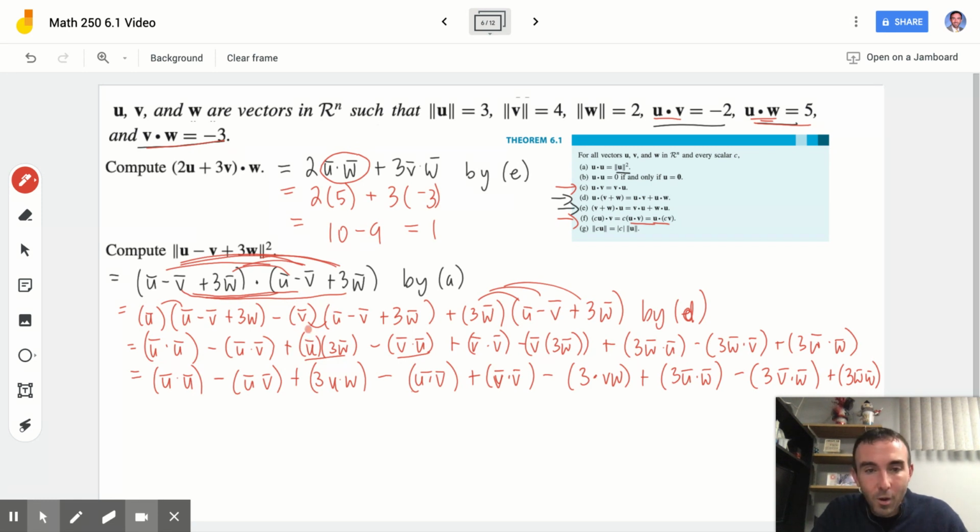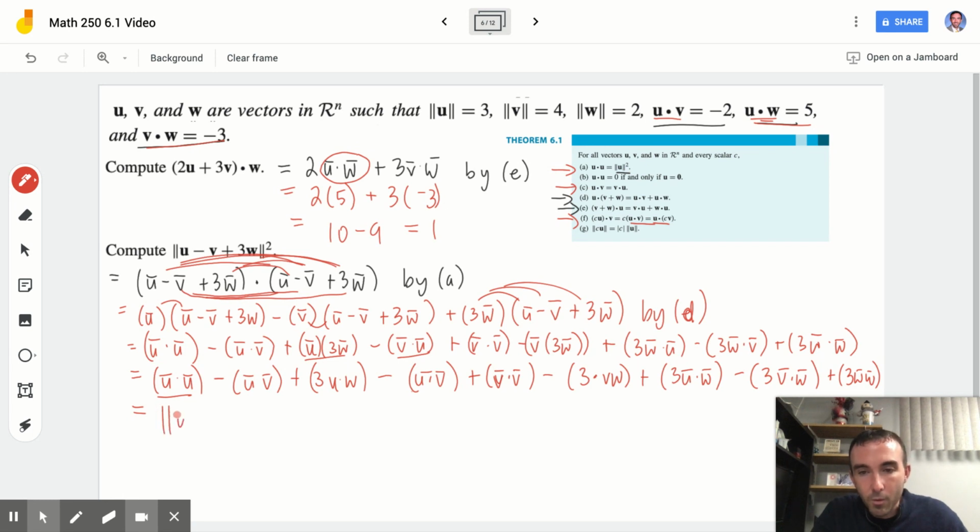We also, believe it or not, have like terms and things like that as well. So I'm gonna combine two steps here. I'm gonna combine like terms and also rewrite a couple of things in the interest of time and space. So this U with U by property A, that is the norm of U squared.